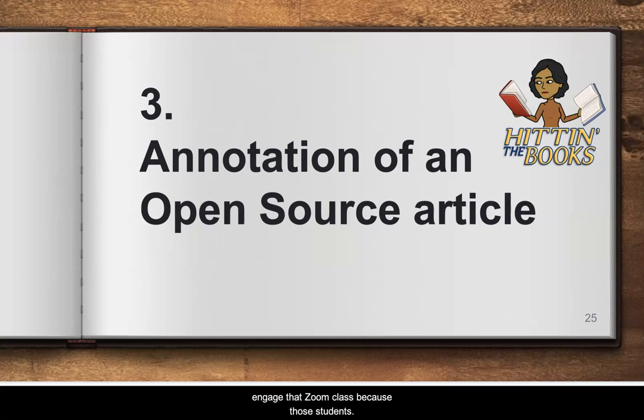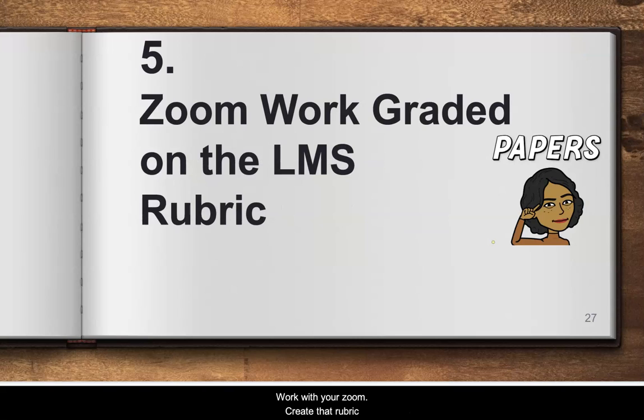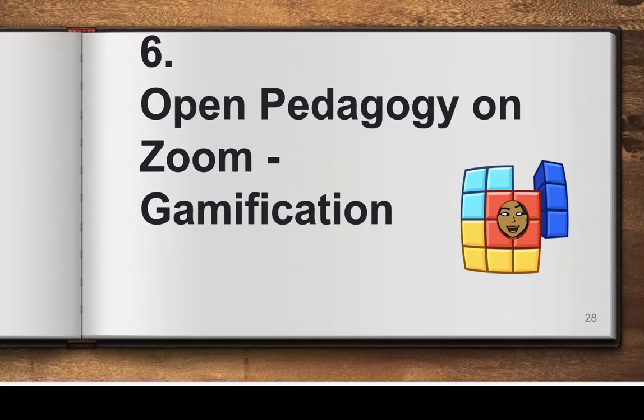This is a way to engage that Zoom class because those students are asking questions, entering information, finding videos, and providing information for the entire class. And you can post this information on a worksheet. Simple worksheet done on a Google Doc where students can create those prompts. Work with your Zoom, create that rubric, and this will be an engaging environment.